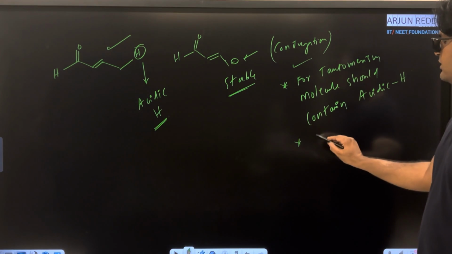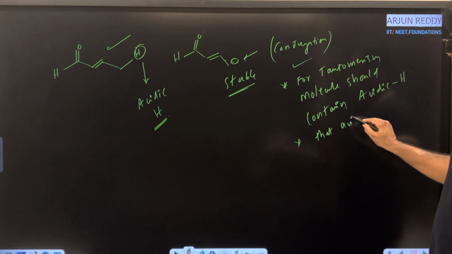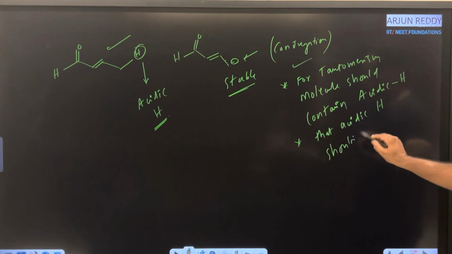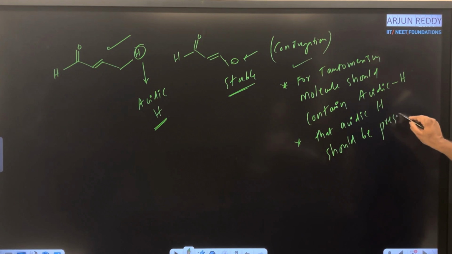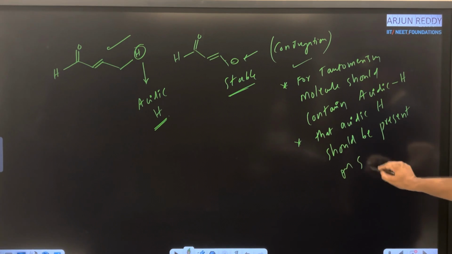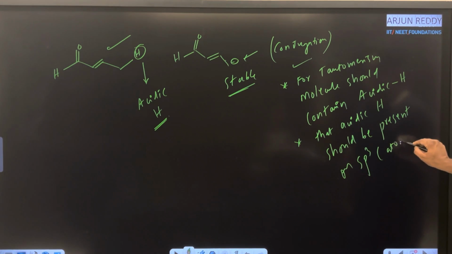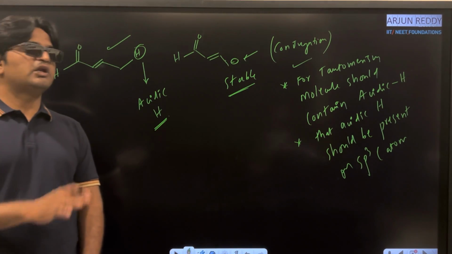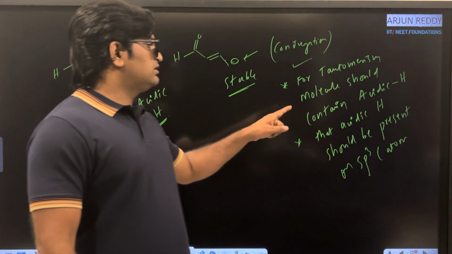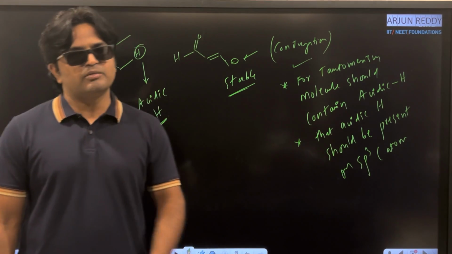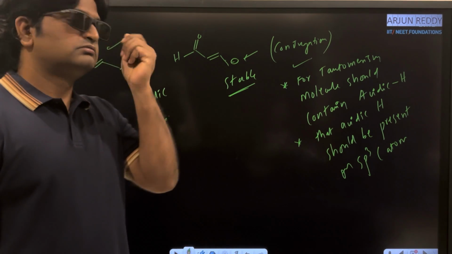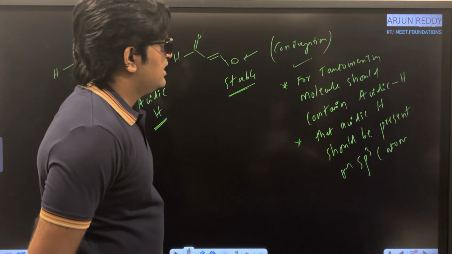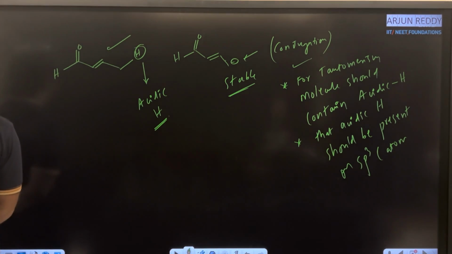And the second important point, that acidic hydrogen should be present on sp3 carbon atom. That is the condition. If it is present on sp2 carbon atom, we do not use it for tautomerism. The condition is that hydrogen should be present on sp3 carbon atom, right? For tautomerism, the molecule should contain acidic hydrogen and that acidic hydrogen should be present on sp3 carbon atom.